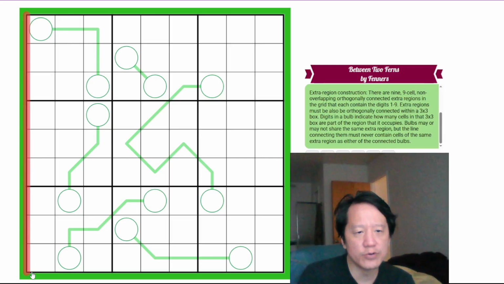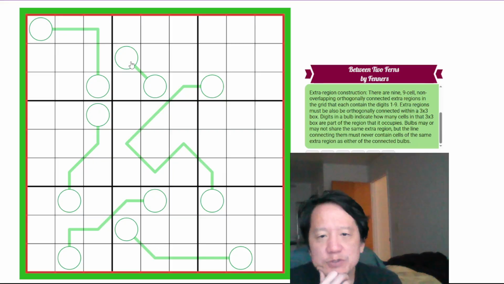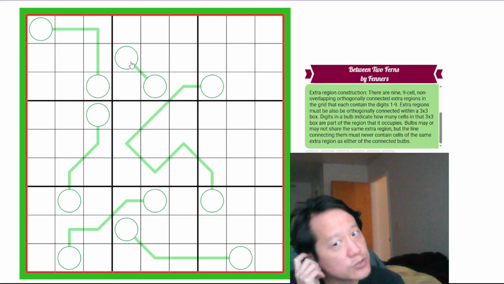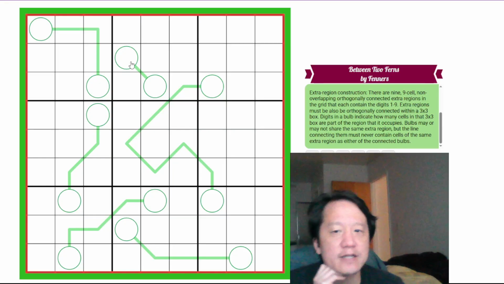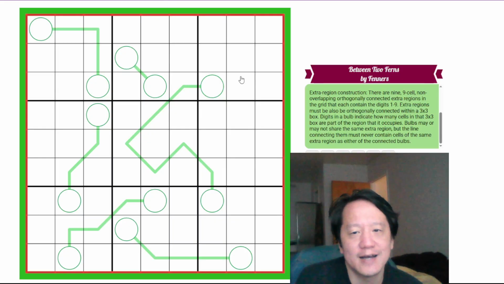Let's draw the border around. Bulbs may or may not share the same extra region, but the line connecting them can never contain cells of the same extra region as either of the connected bulbs. So this is still correct. These are definitely boundaries.